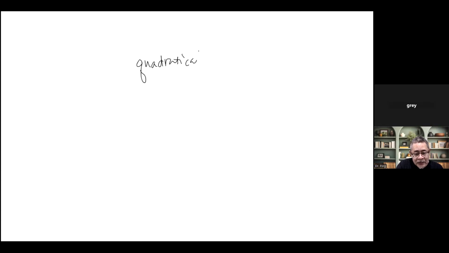And so what we're doing in this unit is something called quadratic equations. And at first glance, it looks complicated because you're trying to solve something like this.